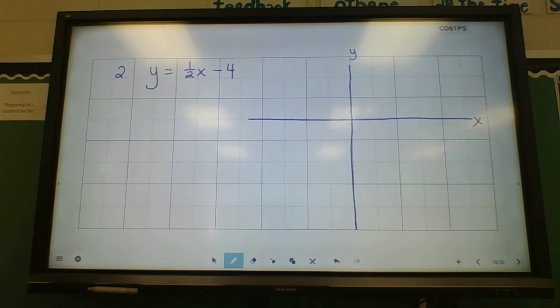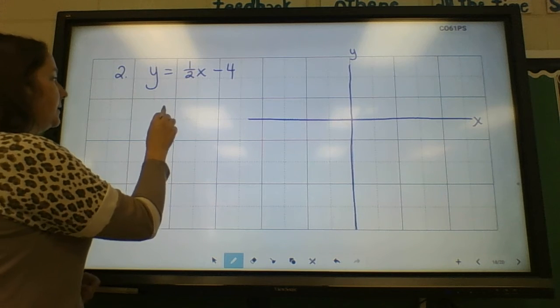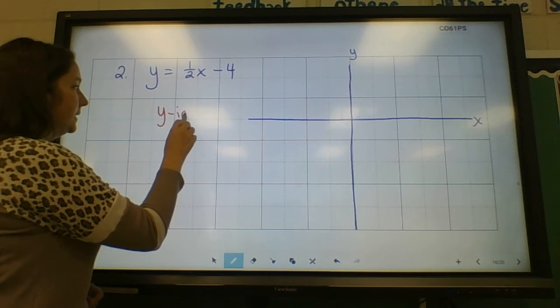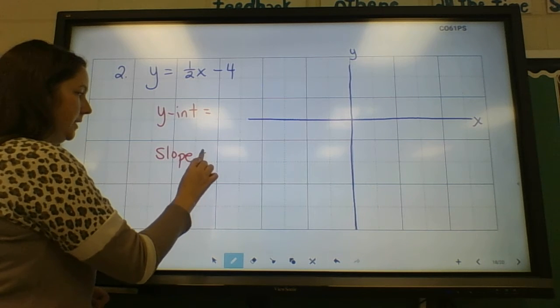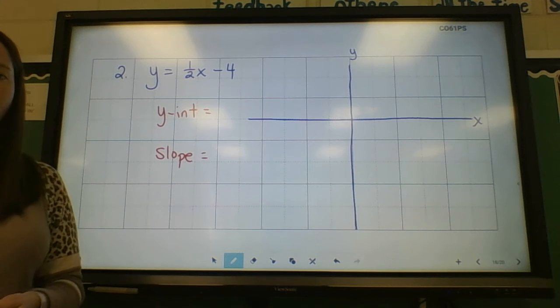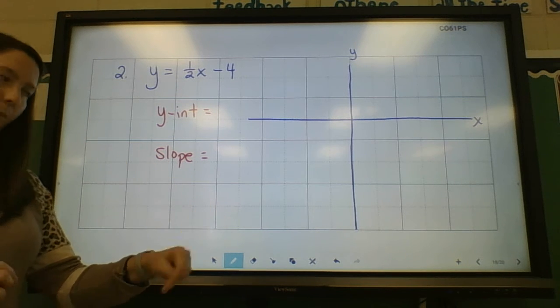All right, number 2, y equals 1/2 x minus 4. So remember, every single problem we have to write y-intercept and slope. Every single equation has a y-intercept and a slope.